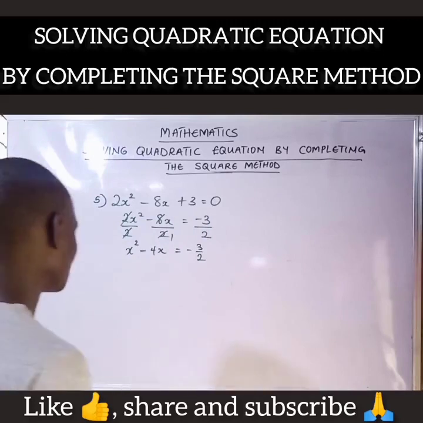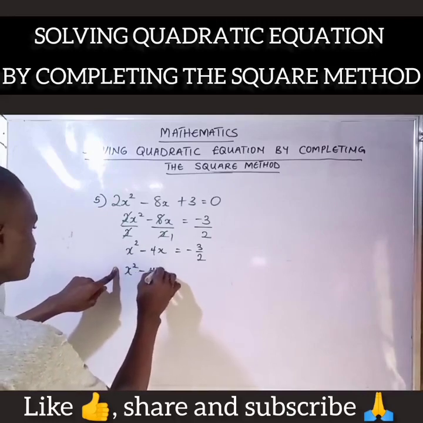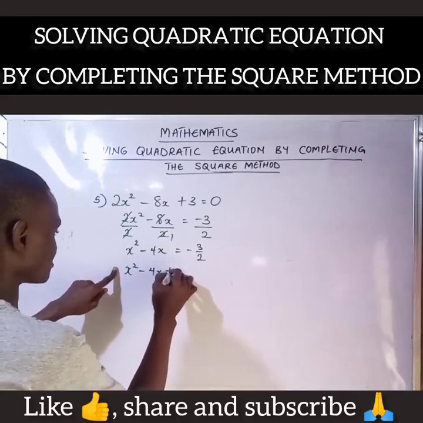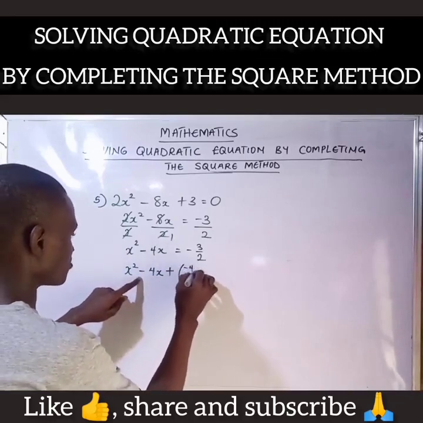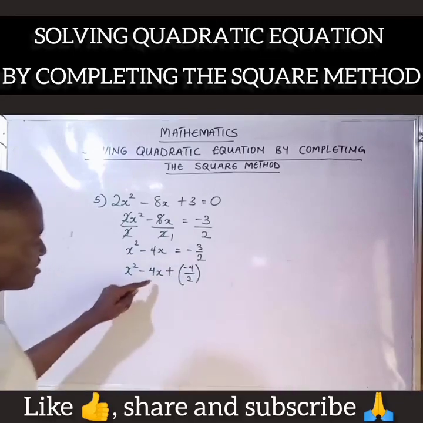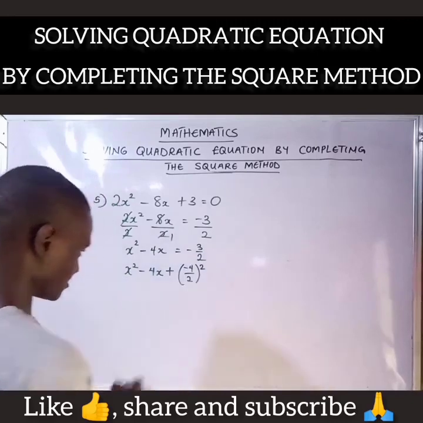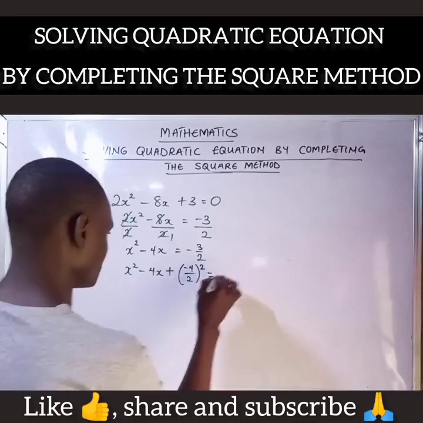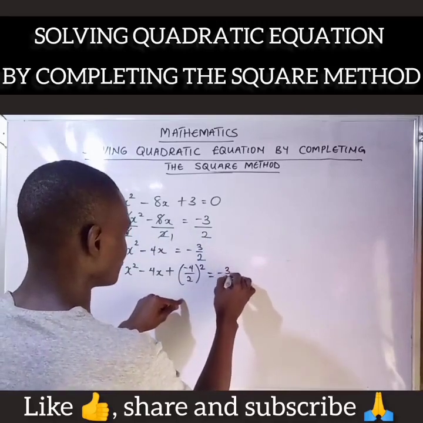And let's go on. That is going to become me writing x squared minus 4x, writing a plus. Now what I have in the middle is negative 4 over 2. Remember I said whatever I have in the middle, I will divide it by 2, then square it. This will be equal to what I have on the right hand side, minus 3 over 2.